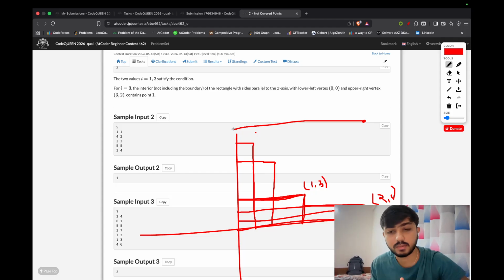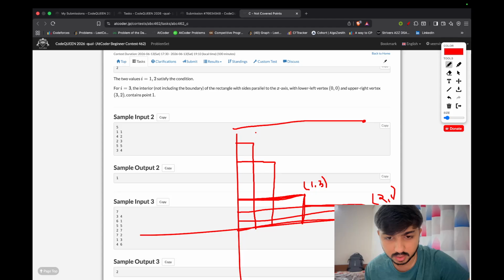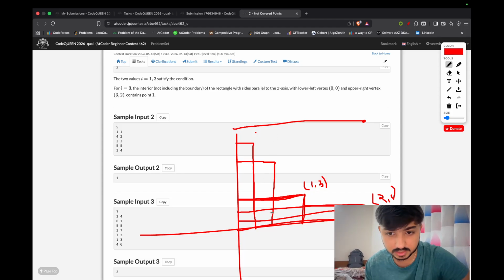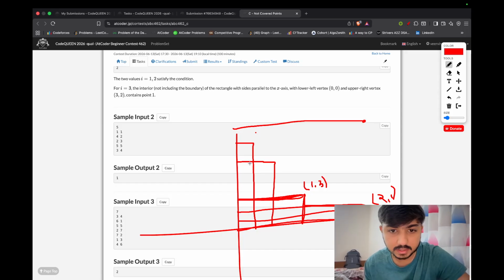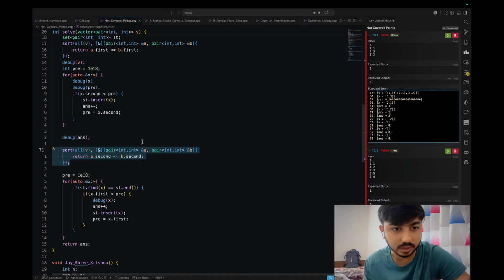So if we want a point to be included, its x should be less than the smallest x. Yes. Hmm. It should be smaller than x and greater than previous y.